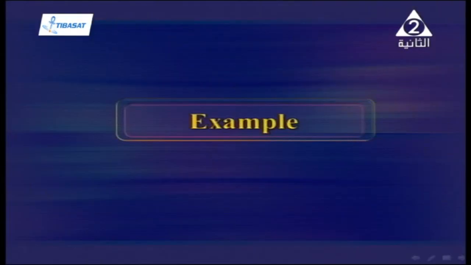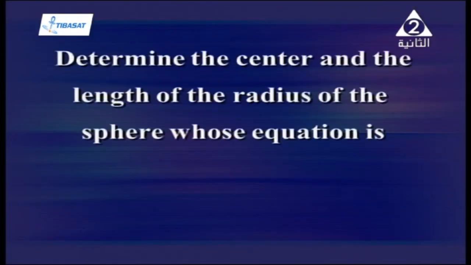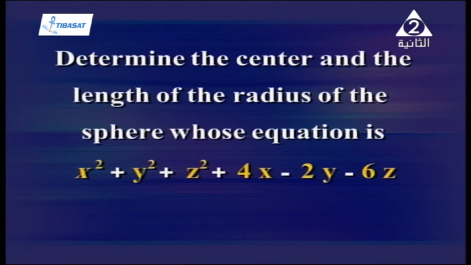Look at the example about the equation of a sphere. My dear student, determine the center and the length of the radius of the sphere whose equation is x squared plus y squared plus z squared plus 4x minus 2y minus 6z plus 11 equals 0.